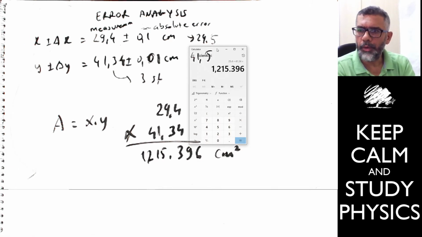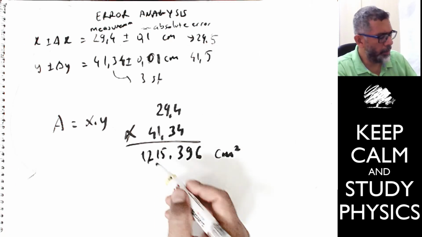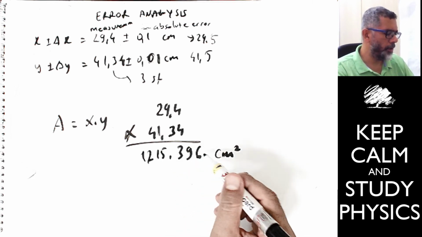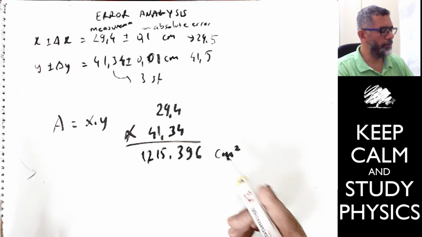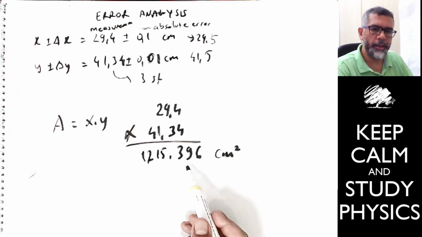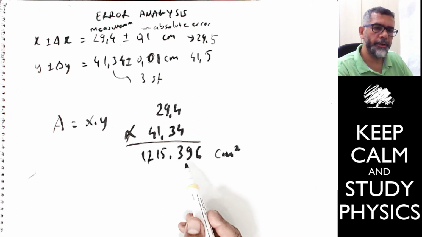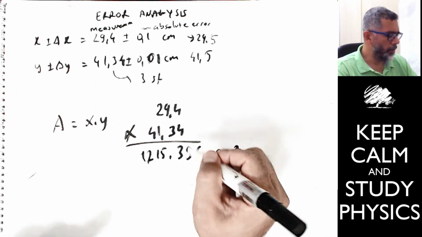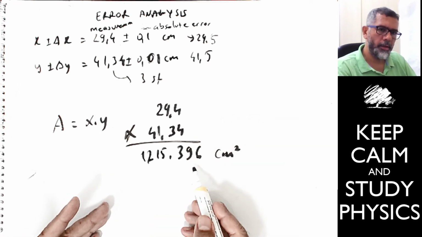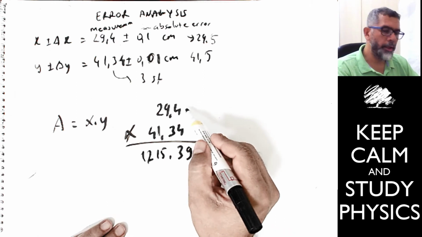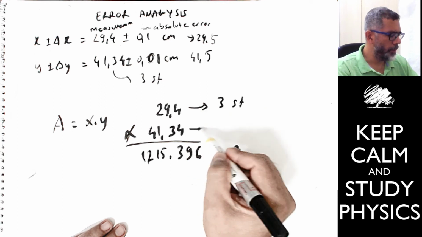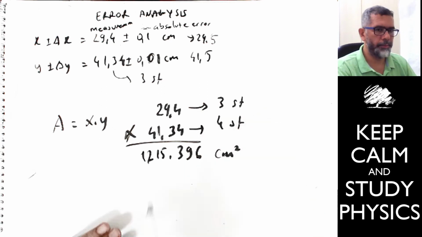So will you leave the result like this, 1215.396 centimeters squared? Of course not. We cannot leave the result like this, because when you look at the number of significant figures in your result, it's 1, 2, 3, 4, 5, 6, 7. But you got this result by multiplying two measured quantities which have 3 significant figures in the first one and 4 significant figures in the second one.